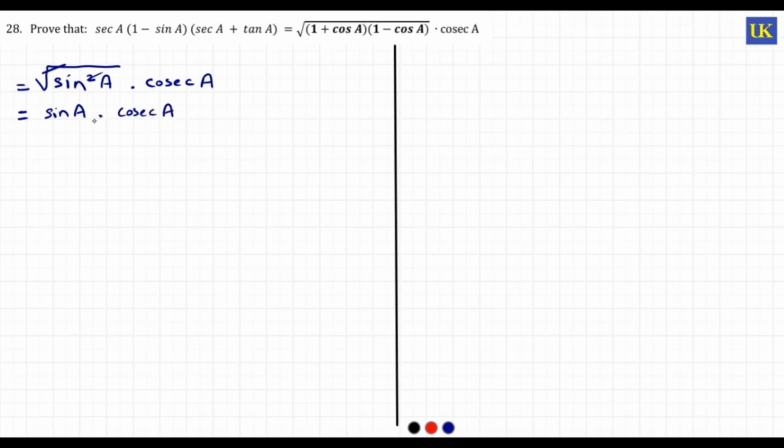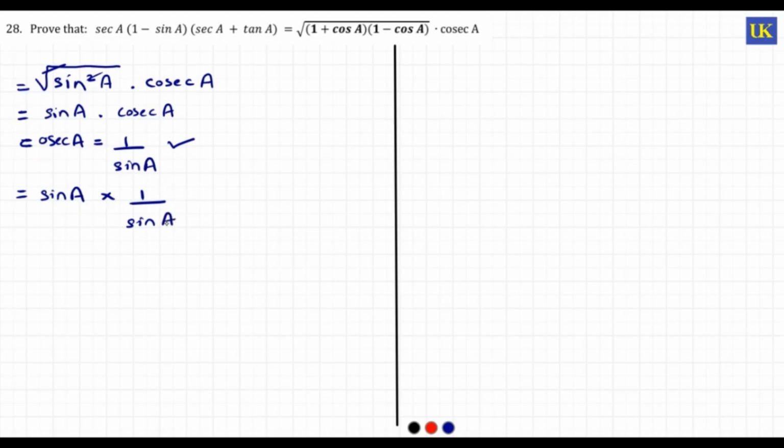And we know that we can write cosec A as 1 upon sin A. So here, sin A into cosec A, instead of cosec A I will write 1 upon sin A. We will use this formula.